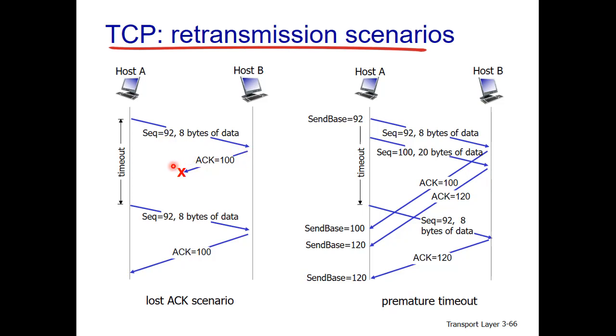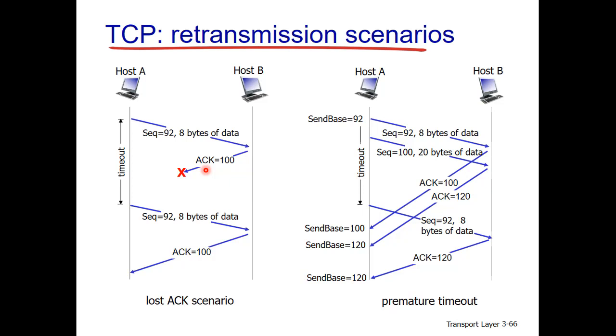Host B is acknowledging that data. Now you can see the acknowledgement number is the next byte it is expecting. What is the next byte host B expects? Sequence number 92 is the starting byte, and you add 8 more bytes: 92, 93, 94, 95, 96, 97, 98, 99.